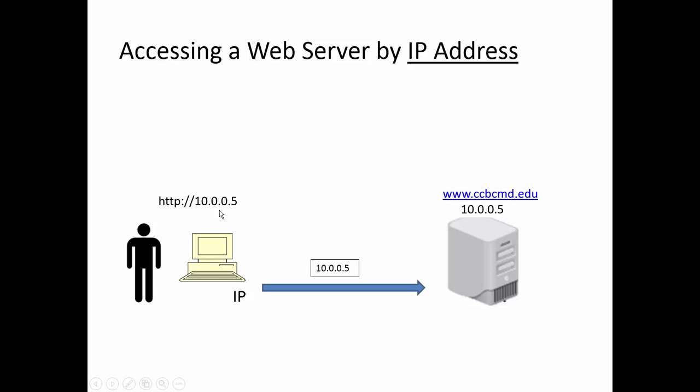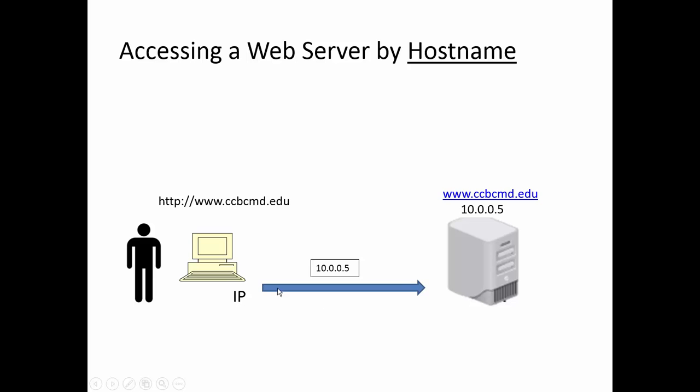But usually users do not type in the IP address. They do not access web servers by IP address. They typically access web servers based upon host name. So the user would typically type http://www.ccbcmd.edu and press the enter key.